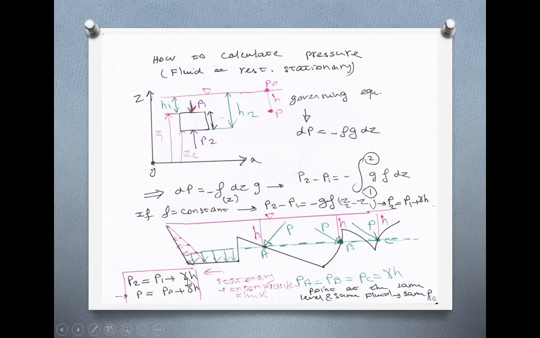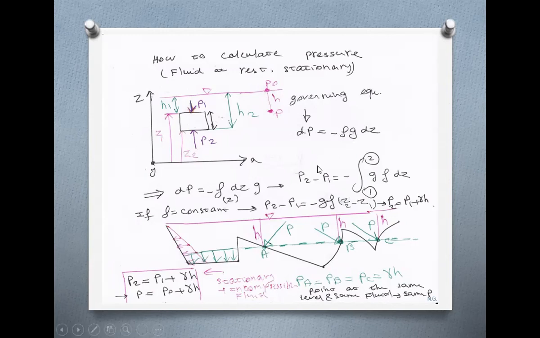By the way, gamma, in case you wonder, what gamma is, is rho G. Rho is density of the fluid, which depends on the fluid, and G is gravitational acceleration. So gamma is rho G. G is gravitational acceleration.